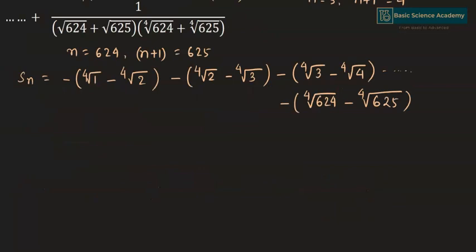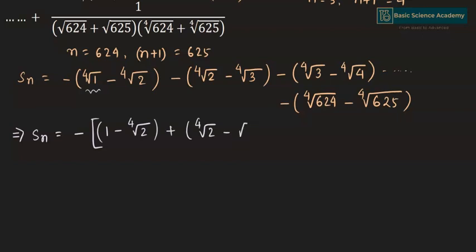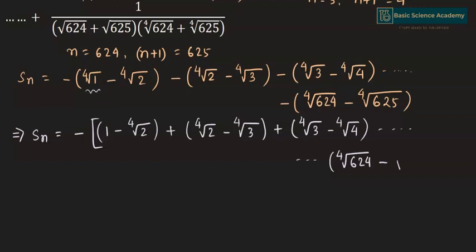Up to the last term, which is minus of fourth root of 624 minus fourth root of 625. Taking the minus signs common gives Sn equal to minus of fourth root of 1 is 1 minus fourth root of 2 plus fourth root of 2 minus fourth root of 3 plus fourth root of 3 minus fourth root of 4, up to fourth root of 624 minus fourth root of 625.